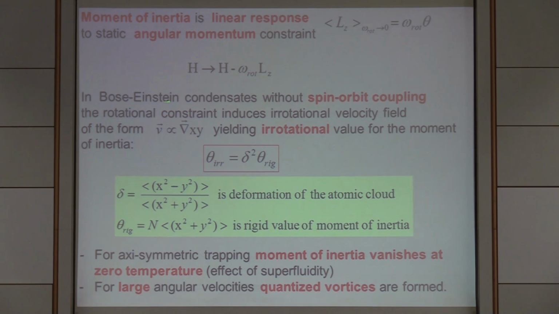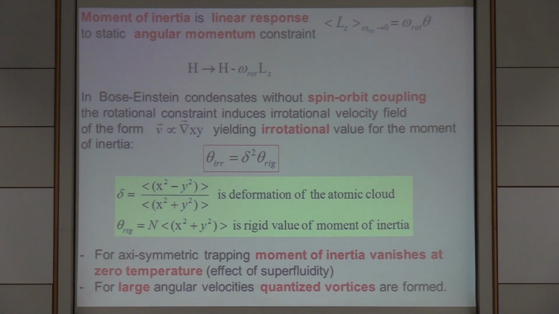And in the usual Bose-Einstein condensates without spin-orbit coupling, the rotational constraints induce a rotational velocity flow, which provides at the end the so-called irrotational value for the moment of inertia, which is related to the rigid value through the square of the deformation of the atomic cloud. So for perfectly isotropic trapping in the xy plane, the deformation is vanishing and the moment of inertia is zero.